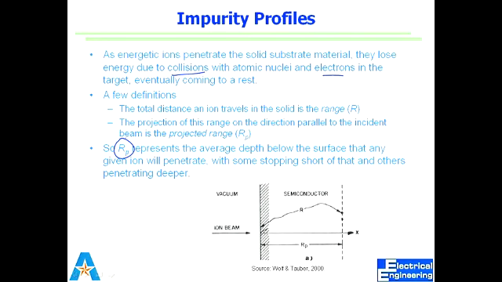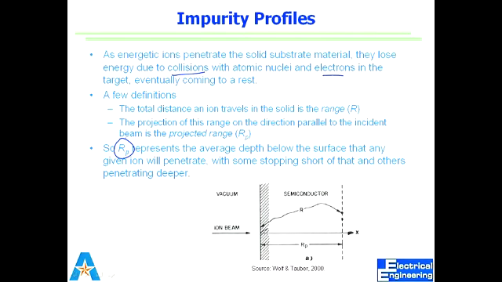In statistics, all these numbers mean specific things: range is specific, mean is specific, median means something. But generally we take the average and then we are concerned about the standard deviation, right? In this case, for each ion traveling a certain distance, maybe ending up here or here, we define something called straggle: how far they fall away from this mean.